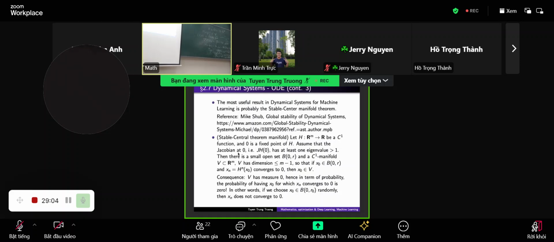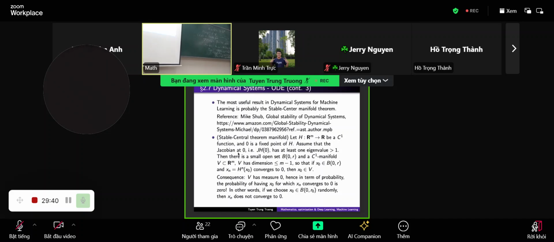If you have an eigenvalue bigger than 1, it means that there is an unstable direction. For example, in this case we see 1 plus 2 alpha, which is bigger than 1 if alpha is bigger than 0. So that's unstable. Then whenever you have an eigenvalue bigger than 1, you can look at a small open neighborhood of the point 0, and inside it there is a submanifold V whose dimension is strictly less than the dimension of your space.